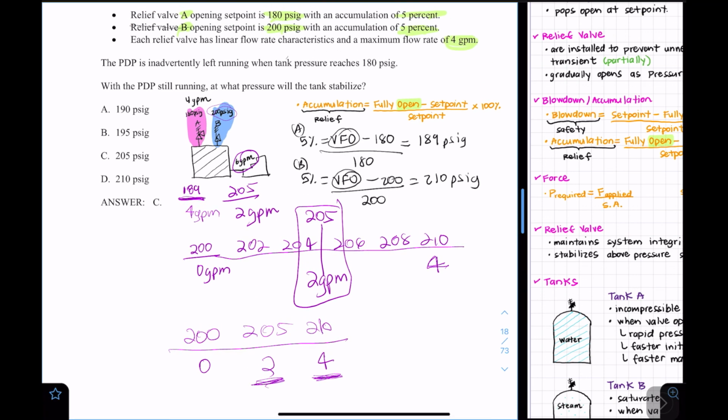So it's asking when the PDP is still running, at what pressure will the tank stabilize? So the tank is going to stabilize until it reaches the pressure of relief valve B, because this one is already full up and it's already at maximum. You cannot do anything more about this one. This one is already giving you the full flow.